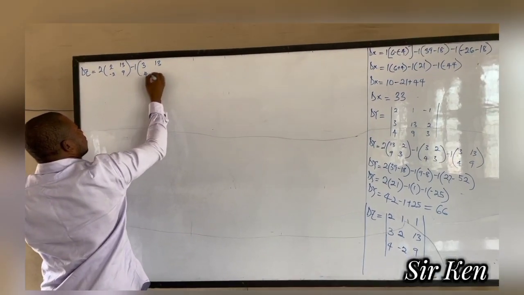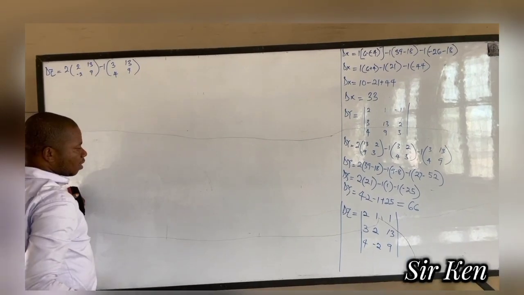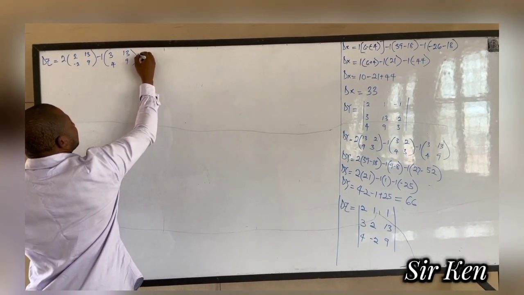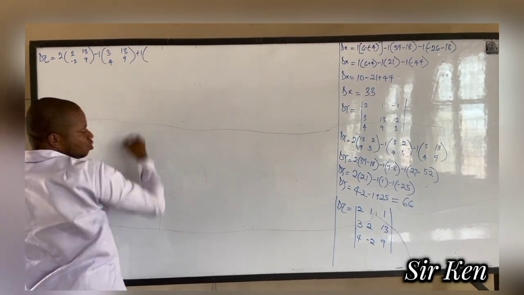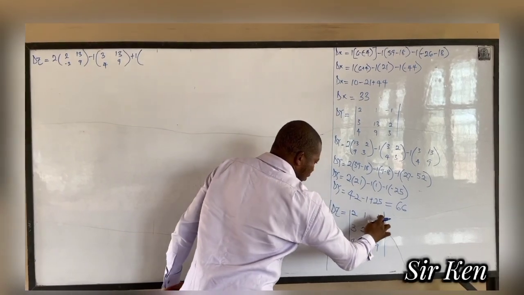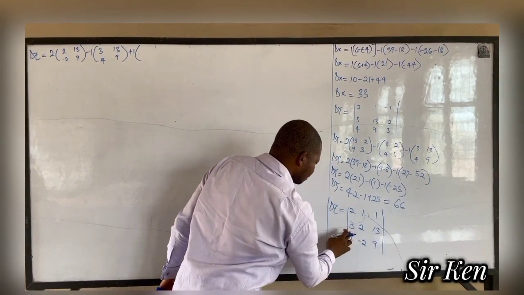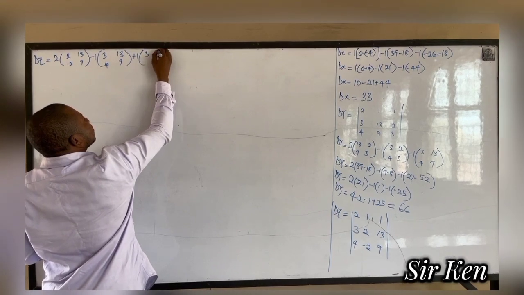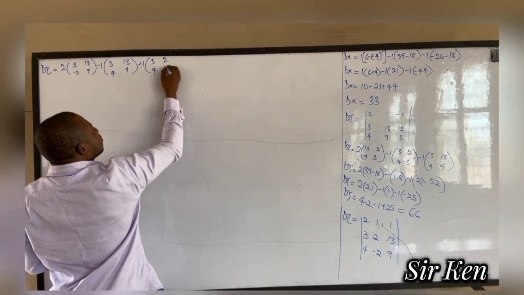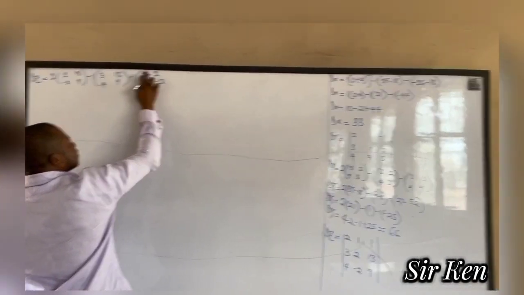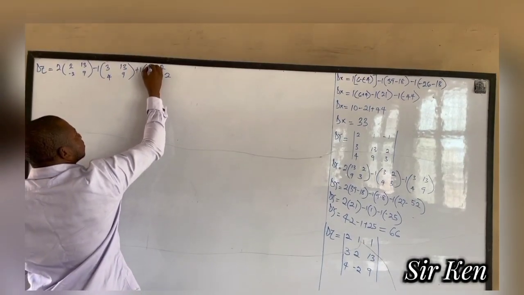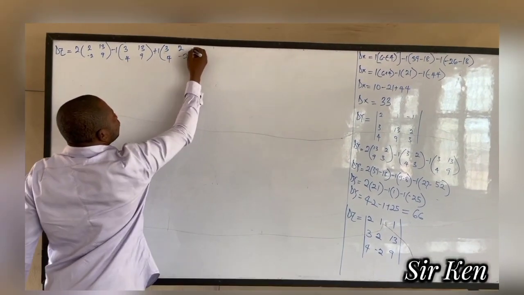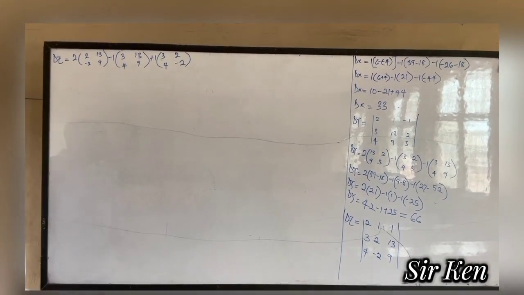Yeah. And finally, now plus 1 into, this is 1, this goes up, this goes up. So I'm left with 3 2 4 minus 2.